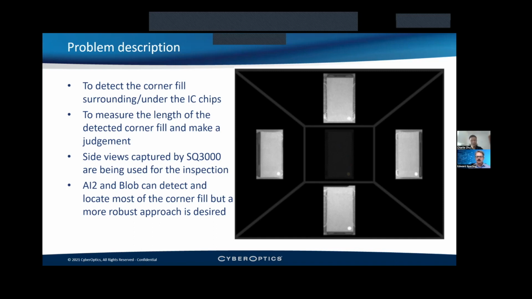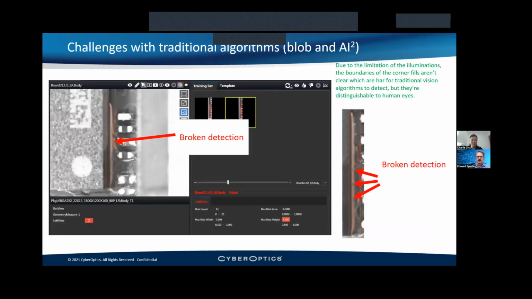So what does this actually look like in terms of you finding a defect or some sort of problem? Yeah, this is an example of the problems we are facing for the corner fill. You can see from the side images some white stuff highlighted by the red here. This is actually the corner fill.